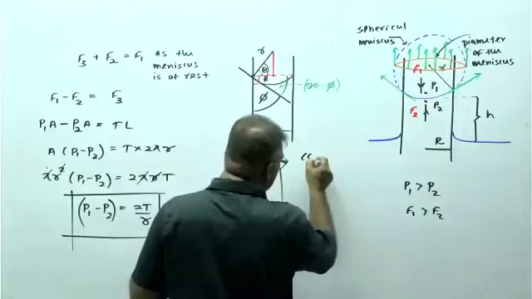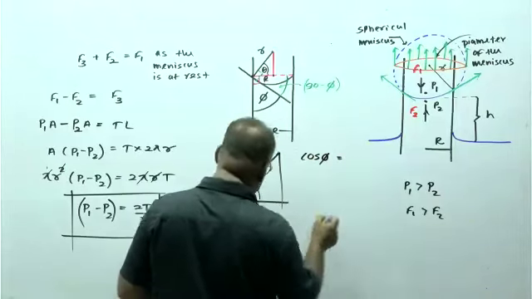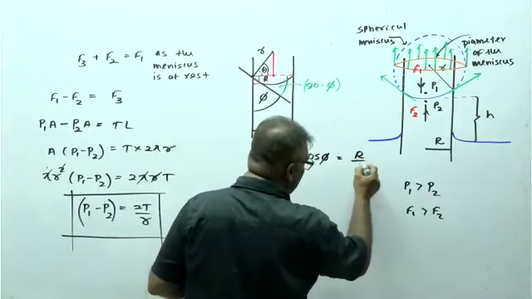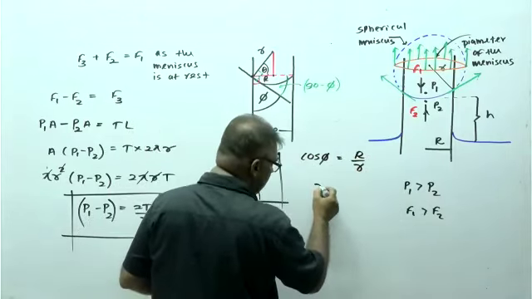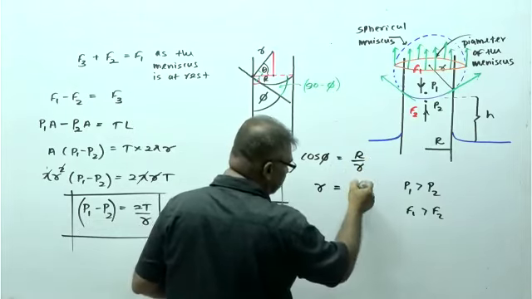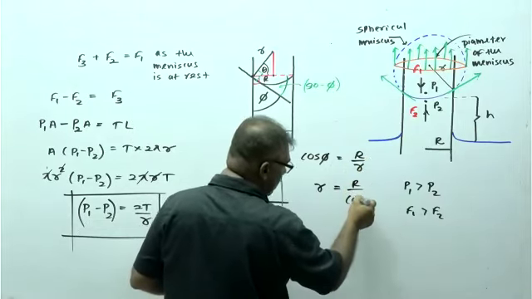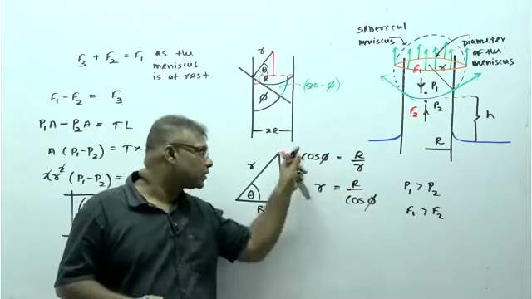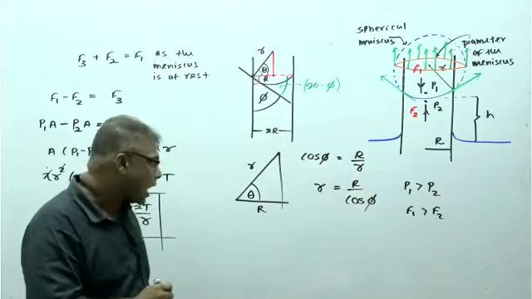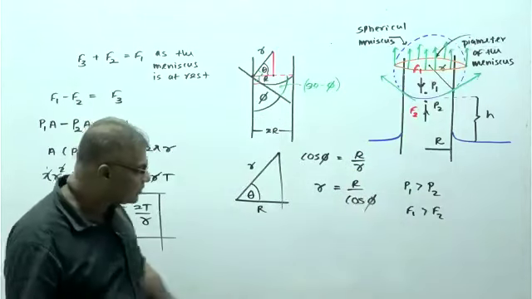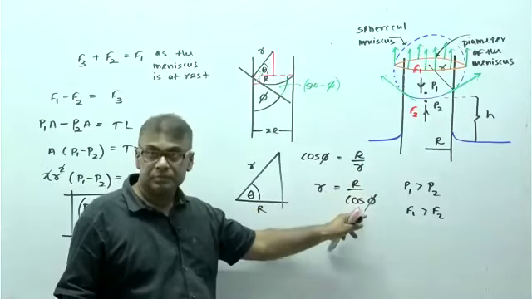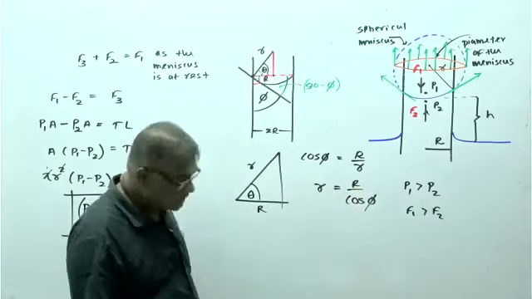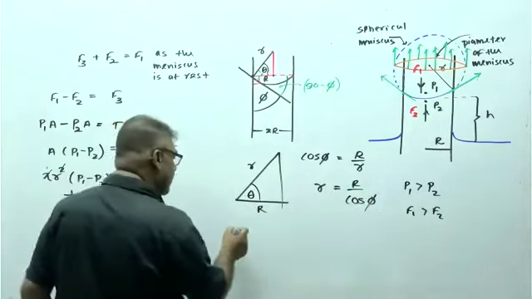You can say cos psi equals R over R. Then the radius of the meniscus can be replaced: R equals capital R, the radius of the tube, over cos of the angle of contact. Clear? We make a small adjustment.